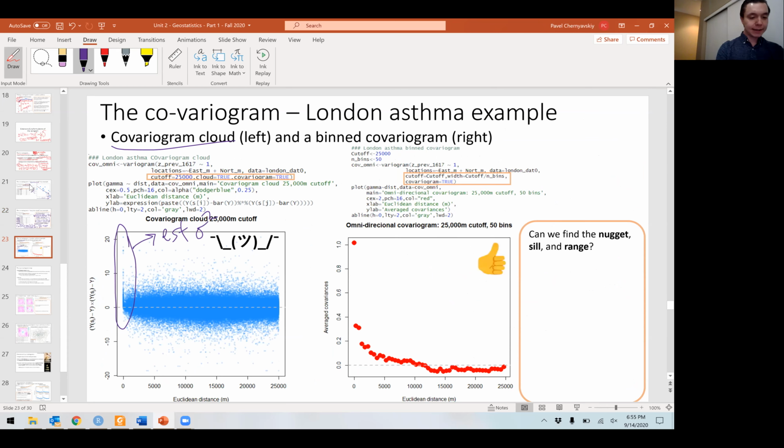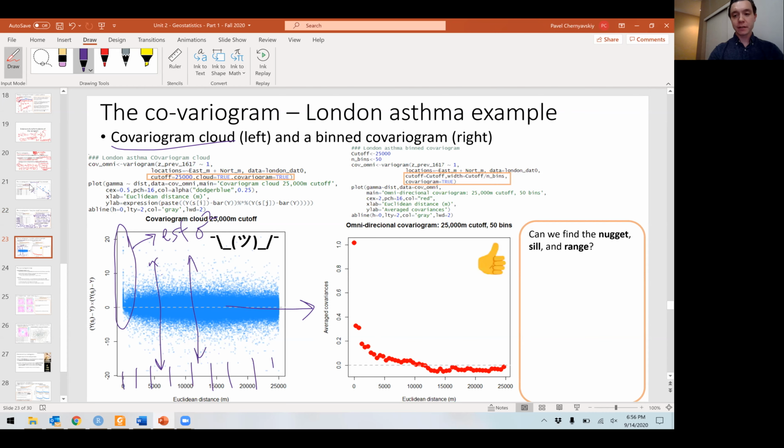If I identify reasonable distance bins and then average my covariances inside each bin, just like we do for the variogram, we're going to get what I have on the right, which is the classic binned covariogram.